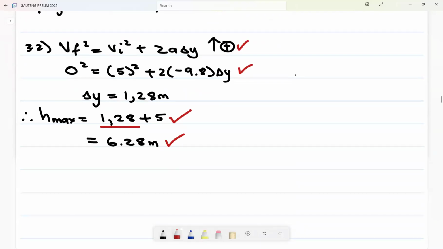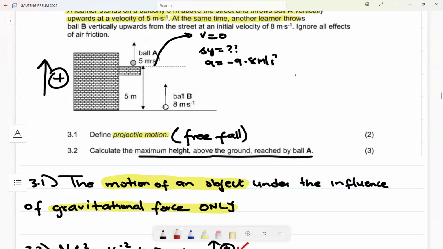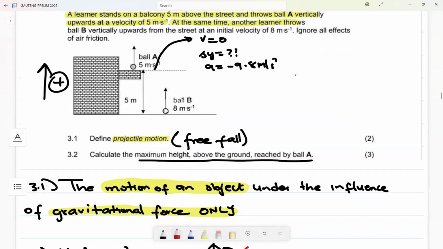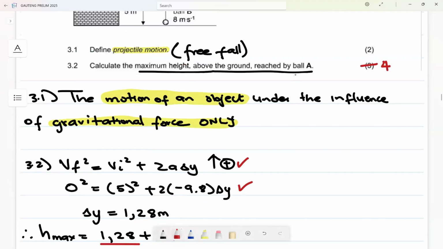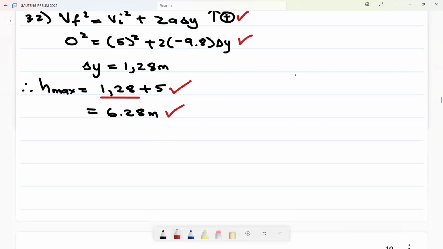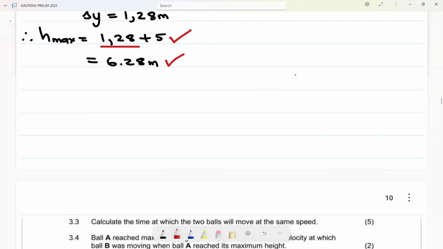It's supposed to be 4 marks here, not 3. And then we'll move on and see other questions.